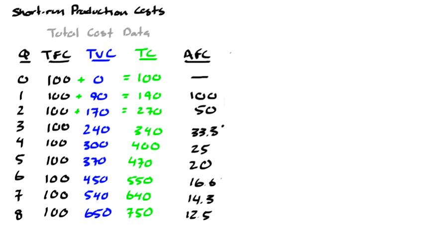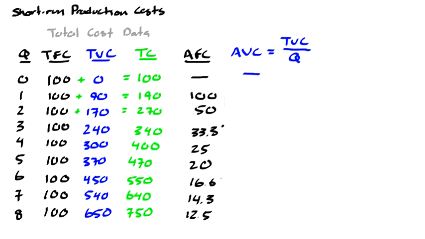Now we're also interested in our average variable costs. And this is equal to our total variable costs divided by Q. So again, if we don't produce any chairs, there's no variable cost, so we don't have a number for 0.